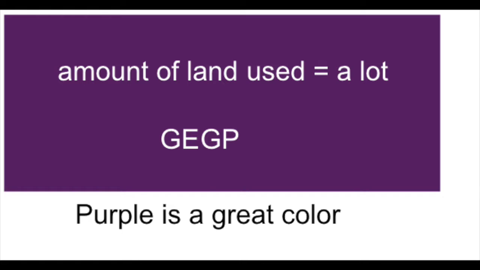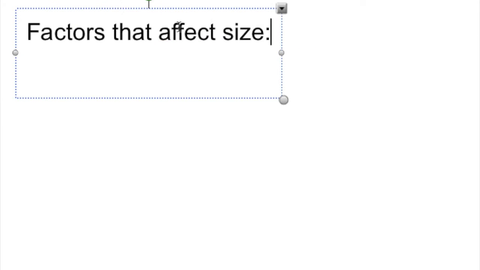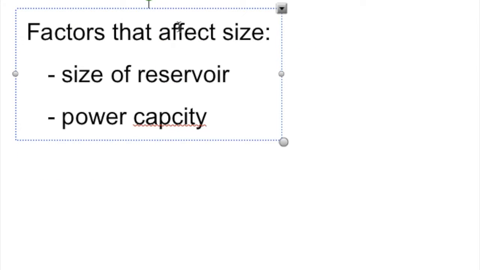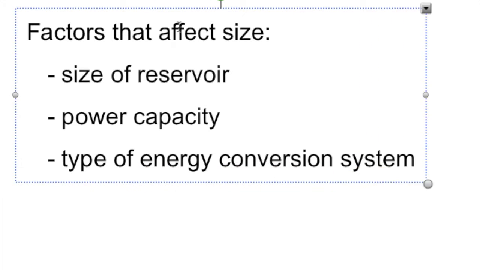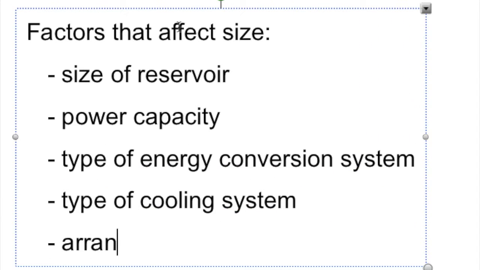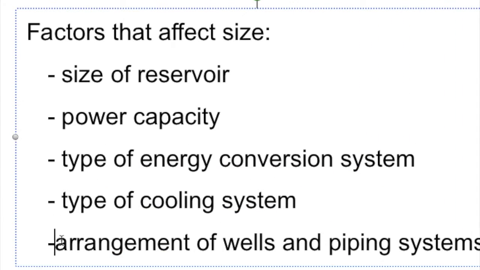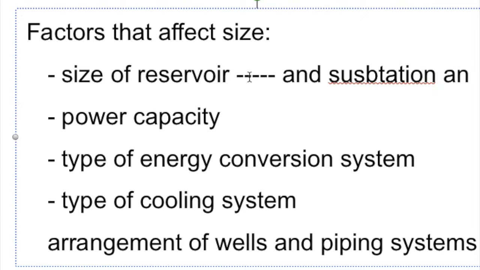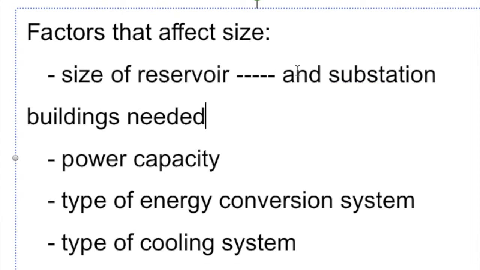GEGPs also take up large amounts of land. The amount of land that GEGPs take up is dependent on several variables, including, but not limited to, the size of the resource reservoir, amount of power capacity, the type of energy conversion system, the type of cooling system, the arrangement of wells and piping systems, and the substation and auxiliary buildings needed.